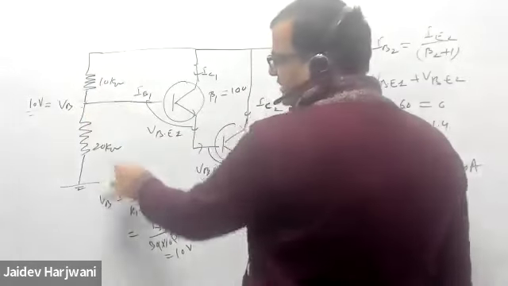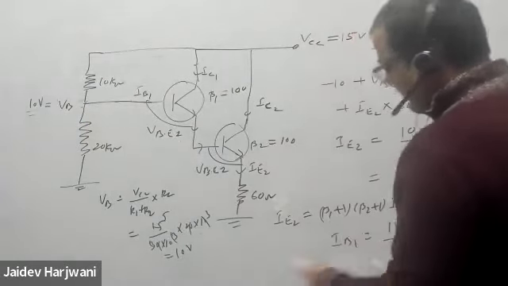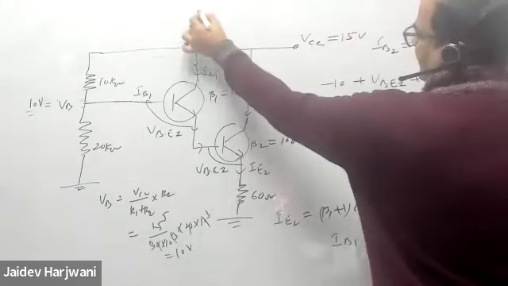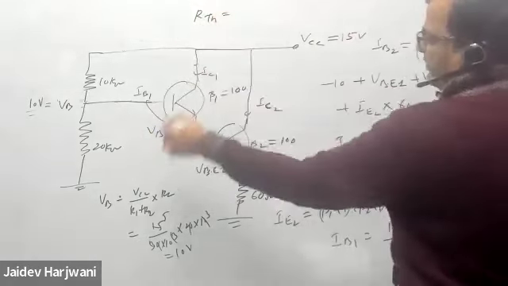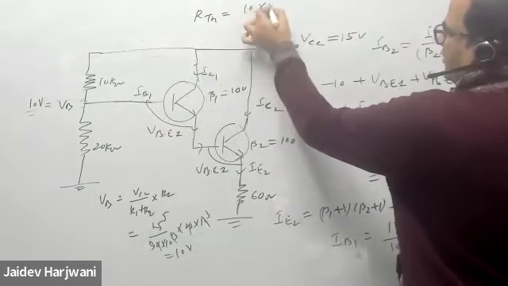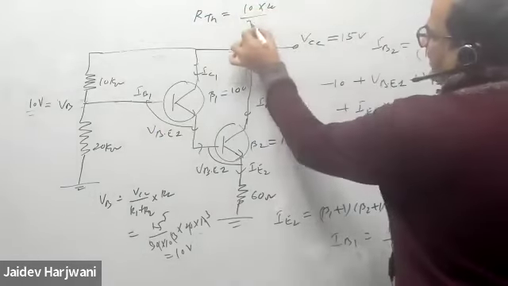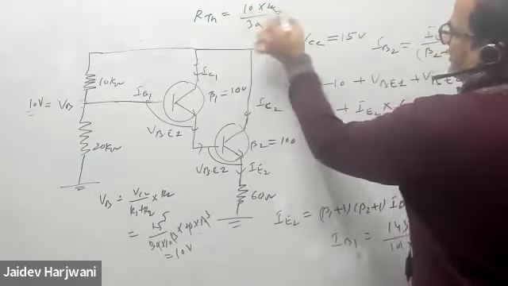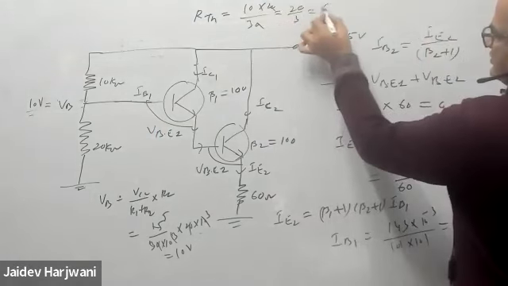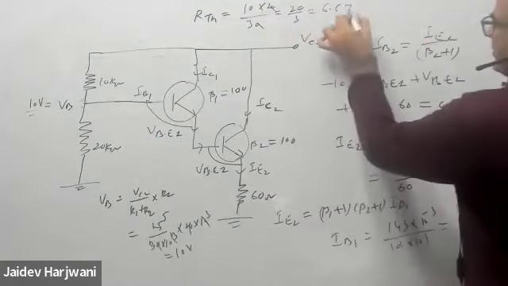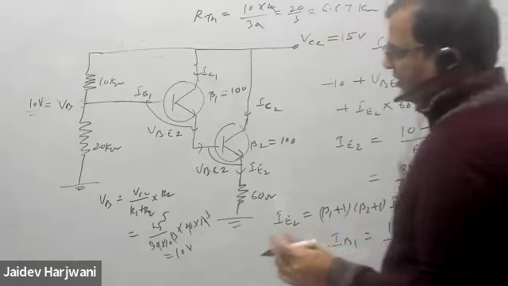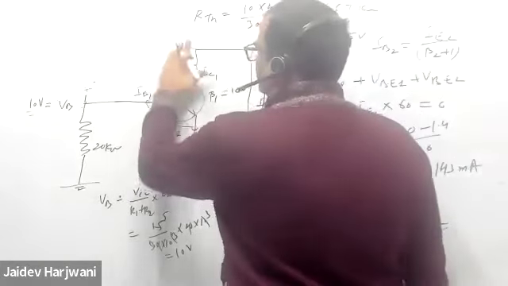And the parallel of this 10 and 20, how much will come? R Thevenin will be 10 kilo ohm, 10 into 20 upon 30, that is 20 upon 3, that is 6.67 kilo ohm.